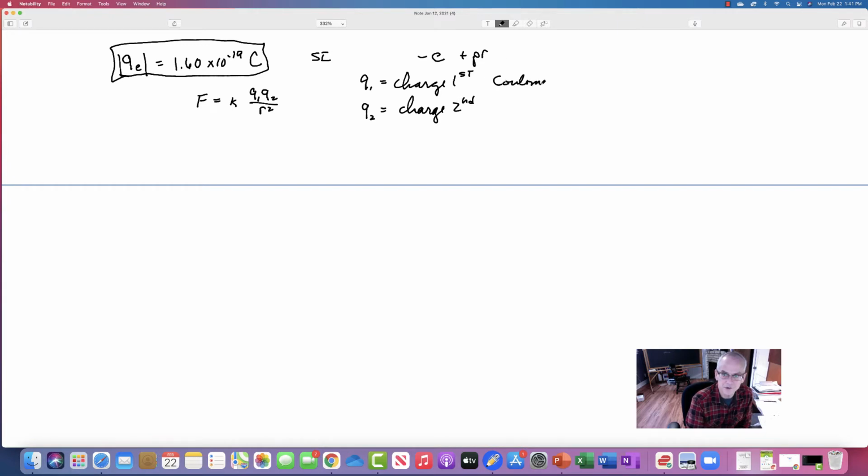So for example, if you're given that the charge is 2.00 microcoulombs, then what you put in here is 2 times 10 to the minus 6 coulombs. R is the distance between them in meters. Very important that it's in meters.